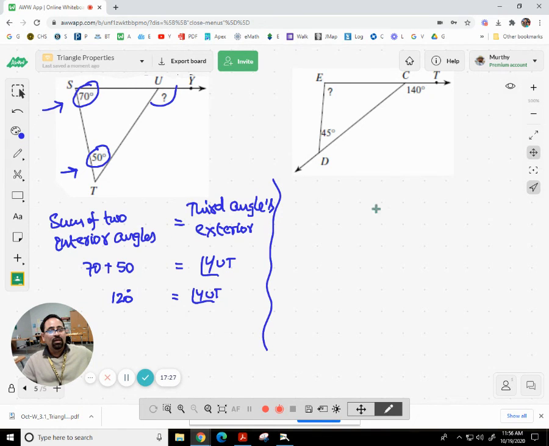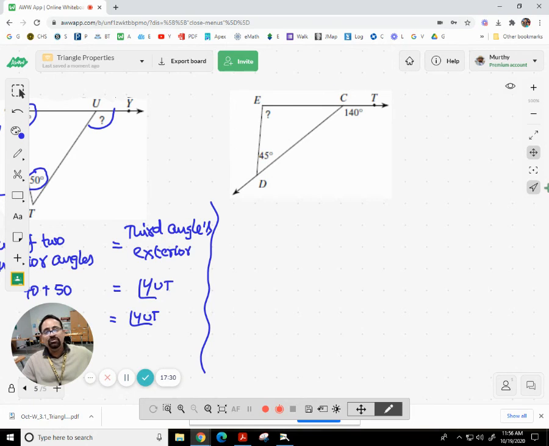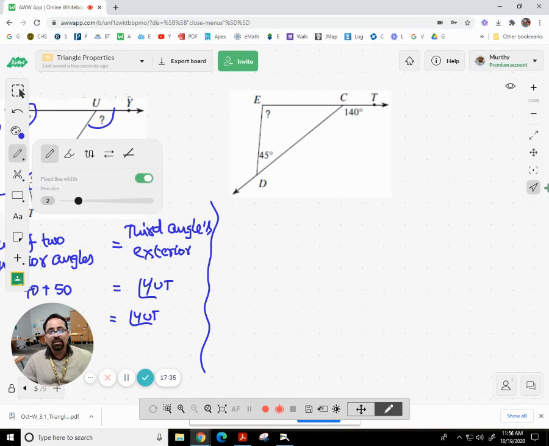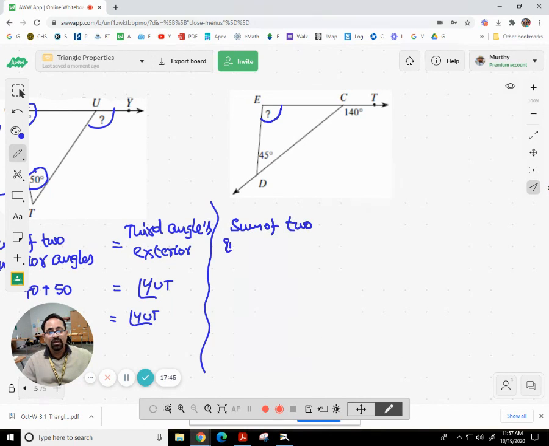Quickly, another example. Here you are asked to find the measure of angle E. We know that in a triangle, the sum of two interior angles equals the third exterior angle, right? So here one interior angle is 45 degrees.